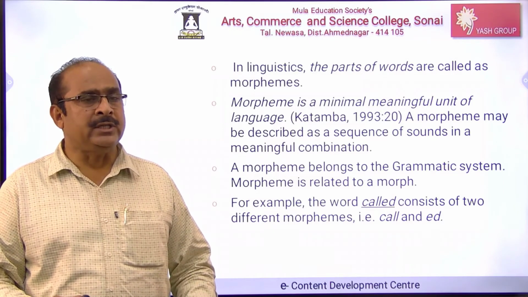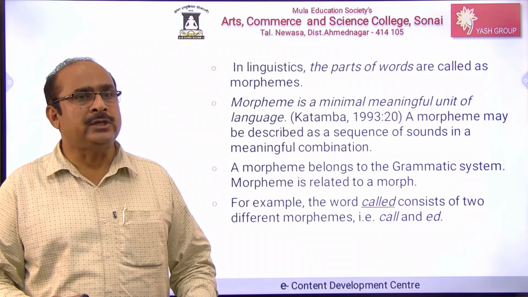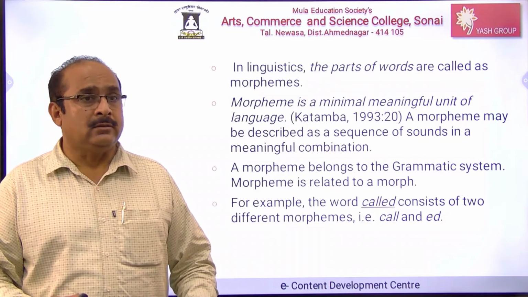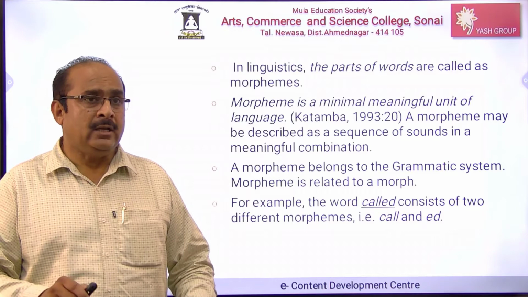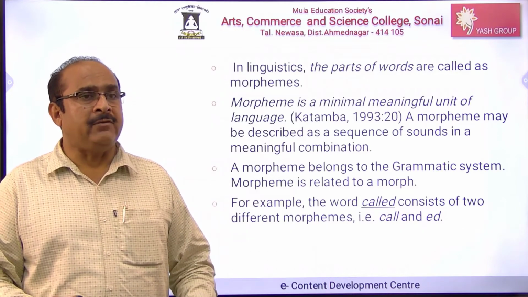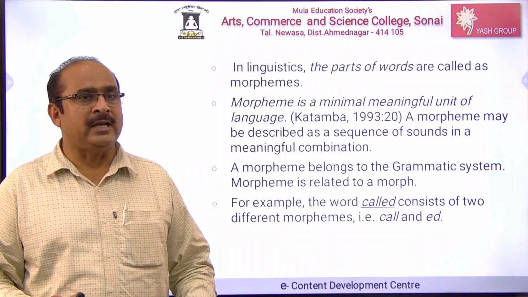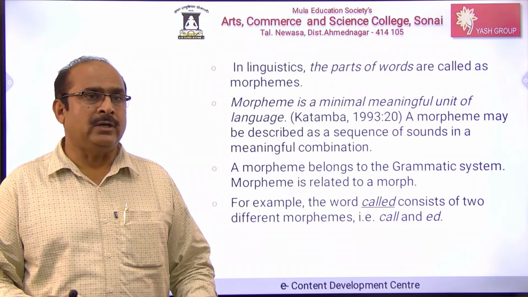They are smallest in the sense we cannot break them into still smaller units. For example, you cannot break faith into still smaller units like FAI. There is no such word as FAI, or as TH. But we have the word faith.